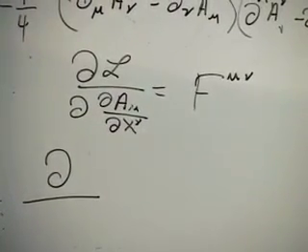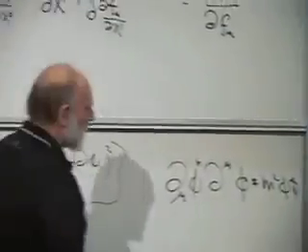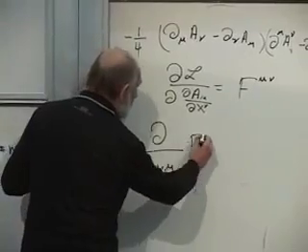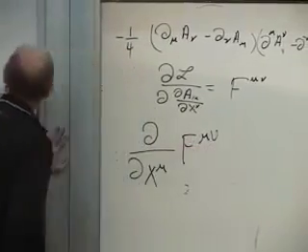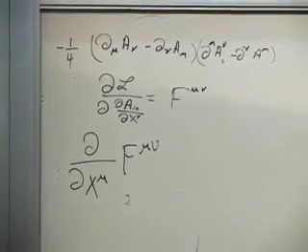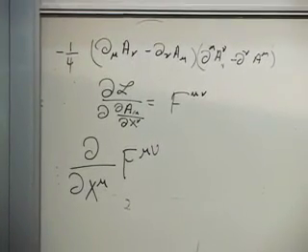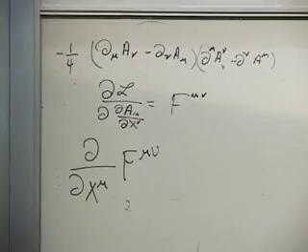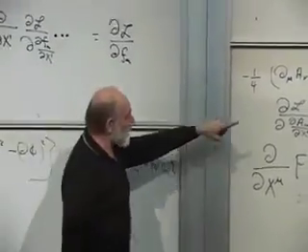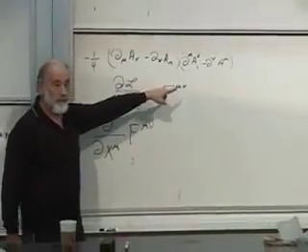Okay, so what's our equation of motion? Differentiate with respect to x mu, F mu nu. That's the left-hand side. But what's the right-hand side? It's just 0. The Lagrangian doesn't depend on the vector potential itself.